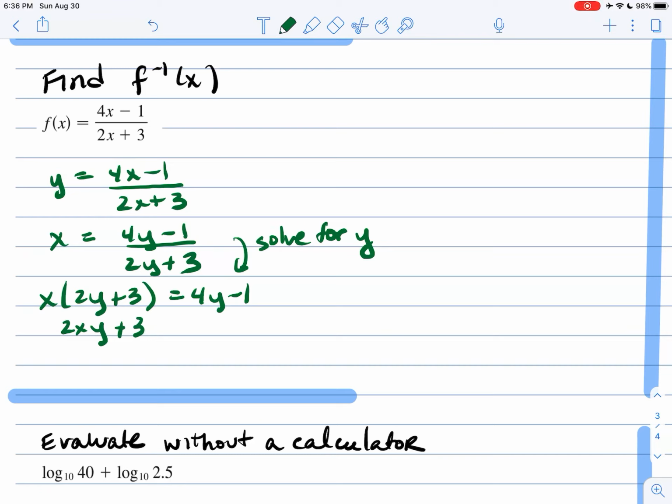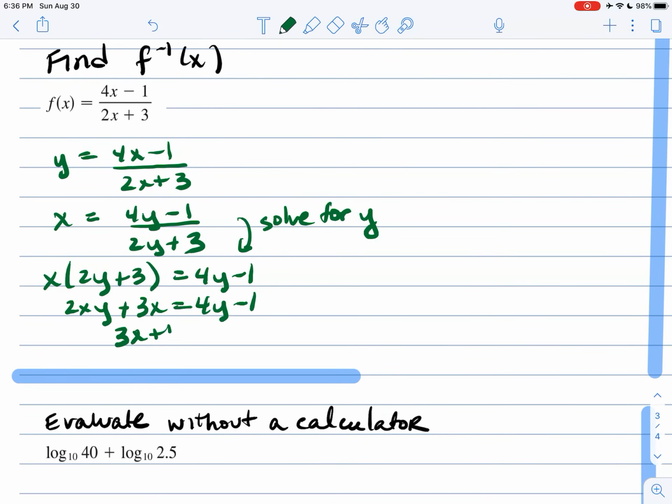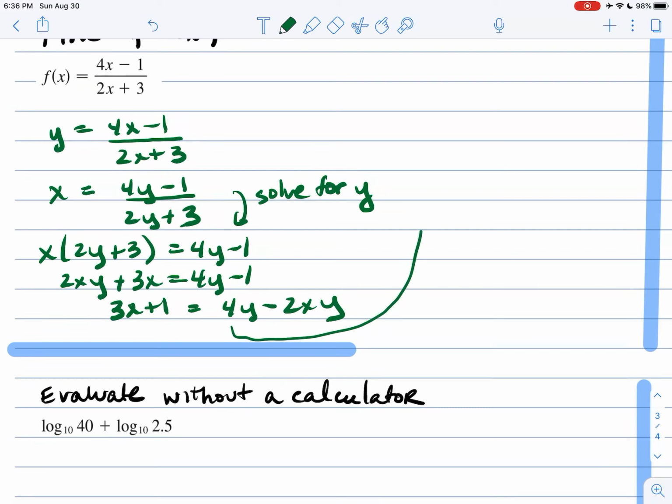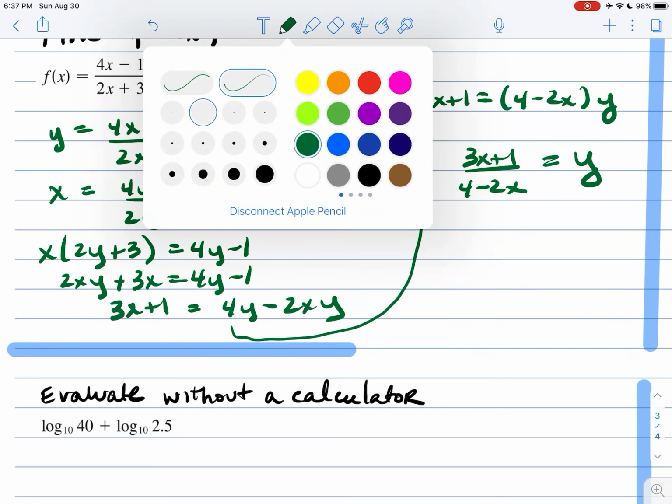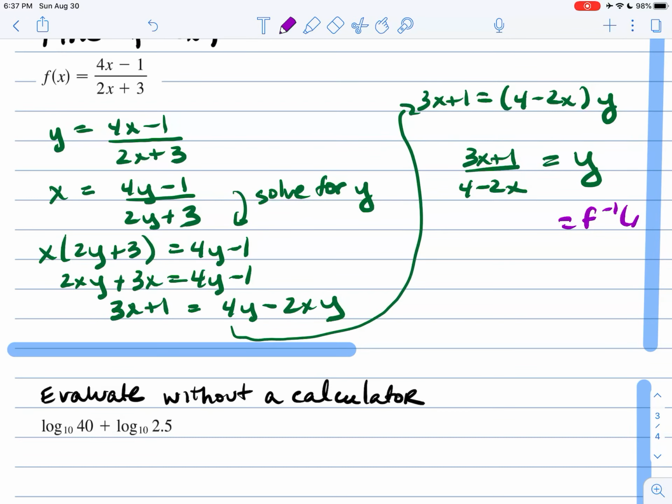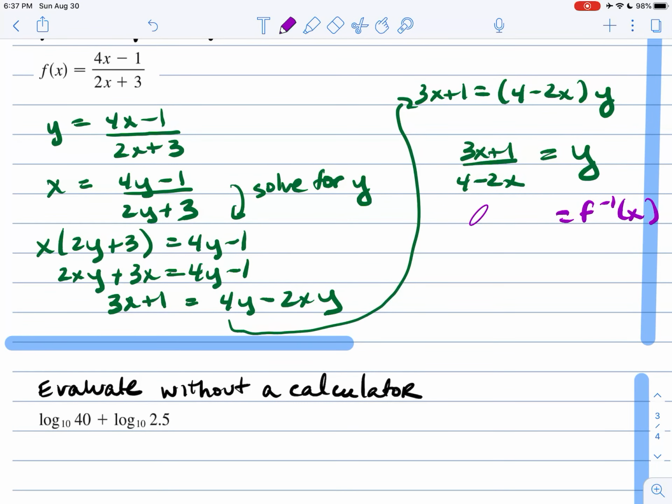I'm going to clear my parentheses. And now I'm going to collect the values of y on one side and the values of x on the other. And I would get 3x plus 1 equal to 4y minus 2xy. If I factor out my y, I get 3x plus 1 equal to 4 minus 2x, times y. And now I solve for y, and I get 3x plus 1 over 4 minus 2x. And finally, I'm going to replace my y with f inverse of x.